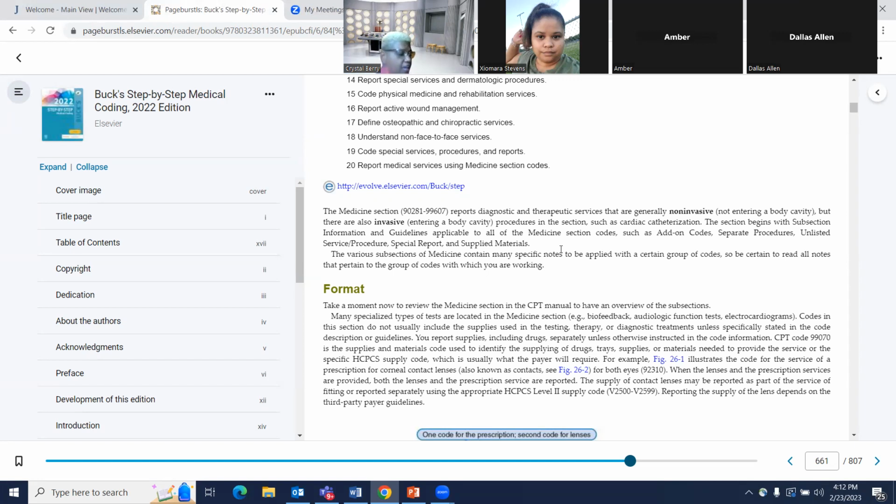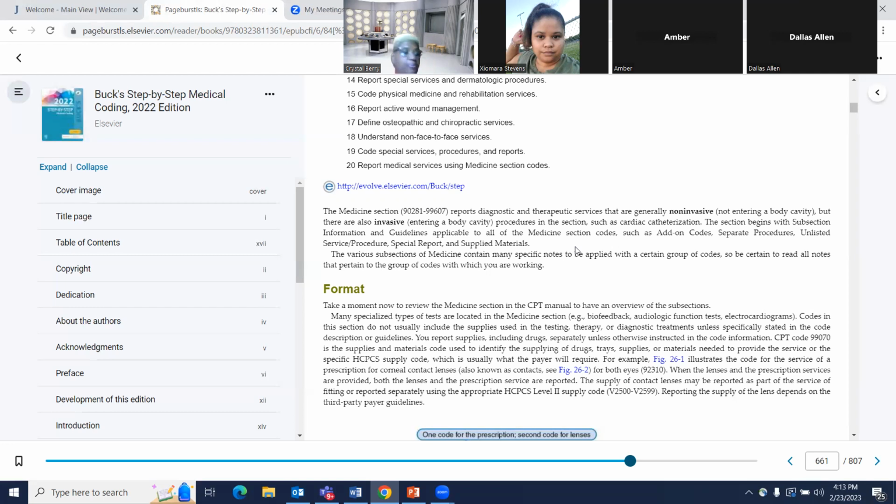In your medicine section, which is 719 in the 2022 manual, it tells you the page numbers to find the medicine guidelines, your add-on codes, your separate procedures, unlisted service or procedure, special report, imaging guidance, and supplied materials.